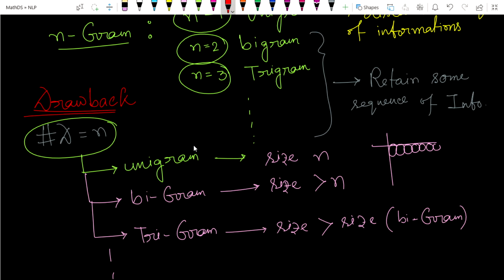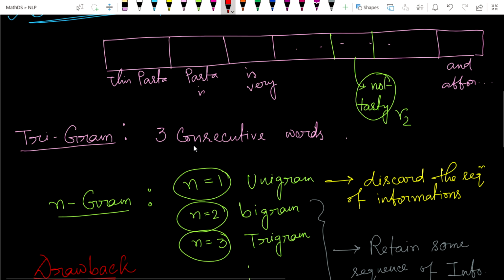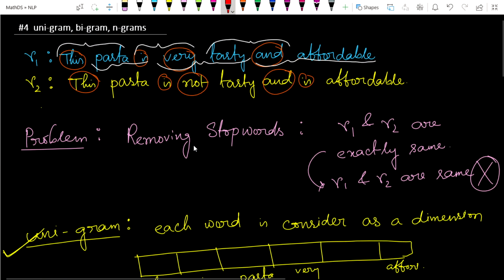In the next video we will see the development of TF-IDF, and how to remove the problems that we have faced in the bag of words technique. Bag of words is the simplest one among all of them. There are also developments like TF-IDF and word2vec, which we will see as time progresses.